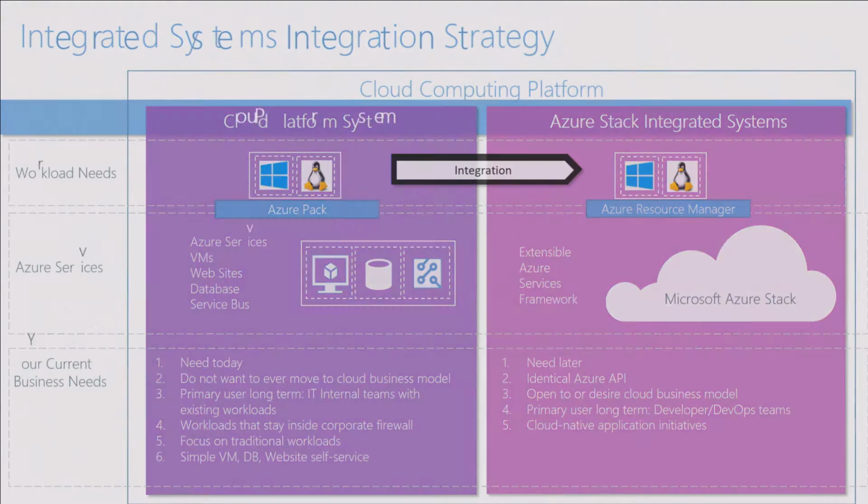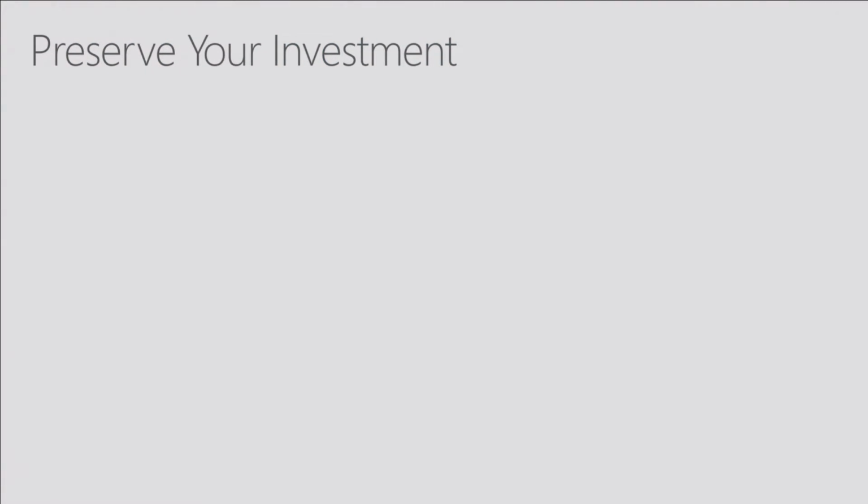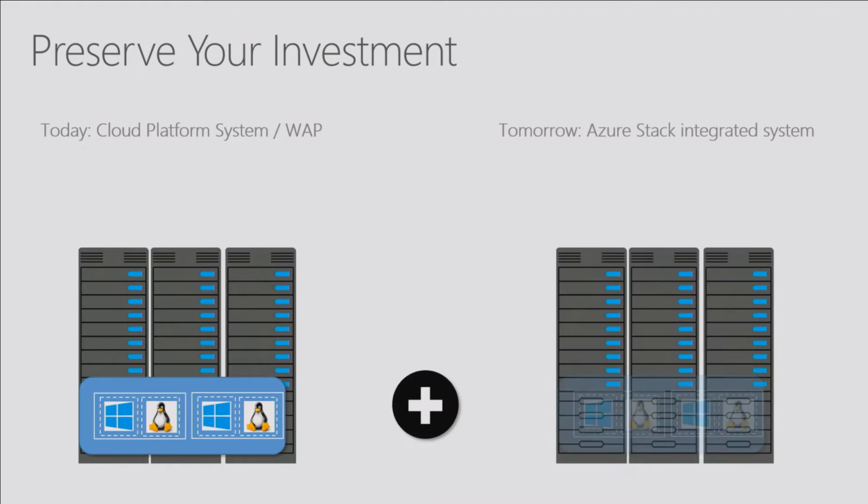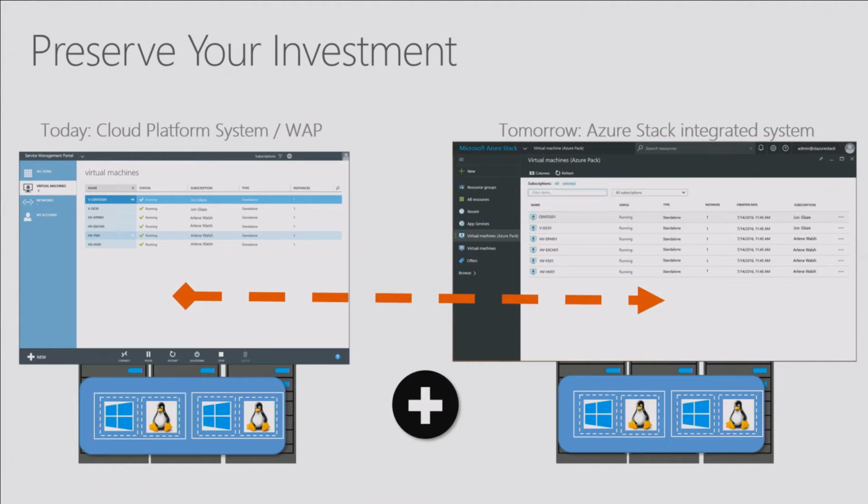We're also investing to build a bridge between these two solutions so we can preserve investment. If you have a WAP or CPS deployment today, and you also plan to build an Azure Stack environment next year, what we're going to provide is something we call a WAP connector.